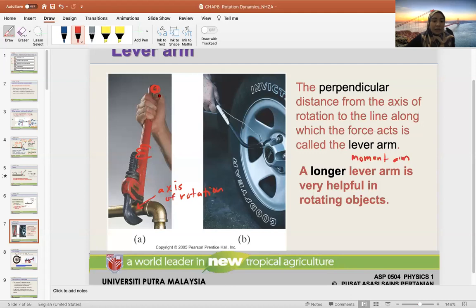Kalau benda alah ni lagi panjang, put your hand as far as you can so that your torque is great and you don't have to apply too much force. A longer lever arm is very helpful in rotating objects.